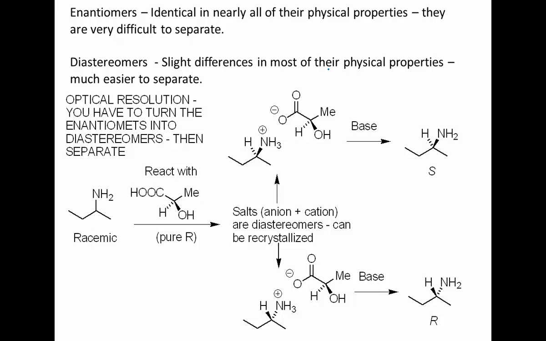Diastereomers often have different melting points, different boiling points. They interact with a separation medium in organic chemistry, silica gel, very differently. The separation of enantiomers is called a resolution.